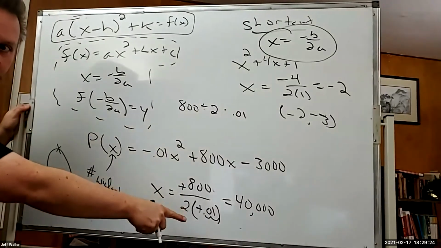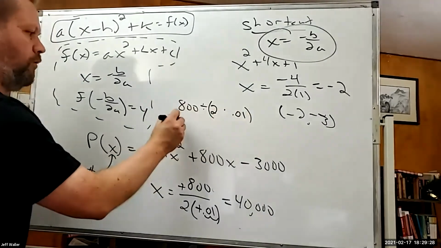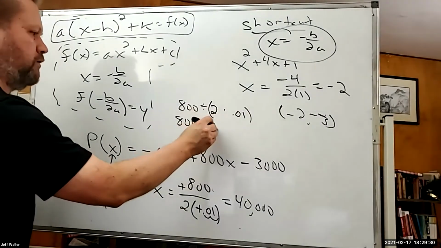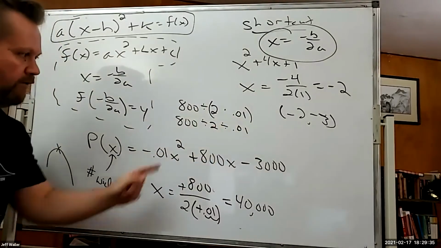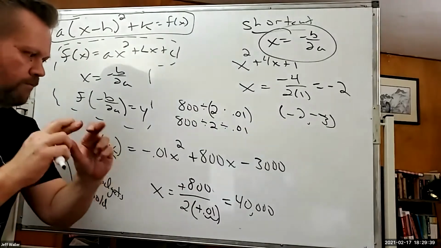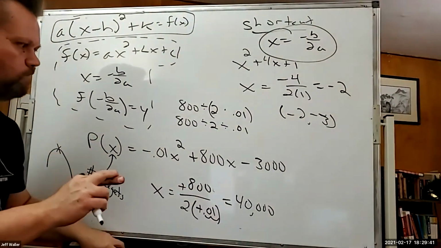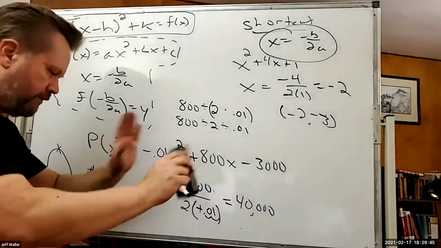So you either have to do this, or you have to do 800 divided by 2, and it's divided by 0.01. It's got to be divided by 2 and 0.01. I was doing it wrong. That's why by hand is often better than the calculator. But that's for another time.